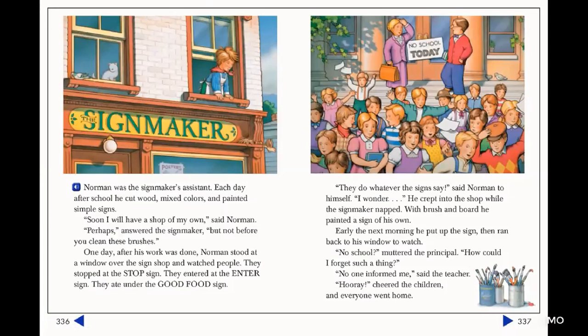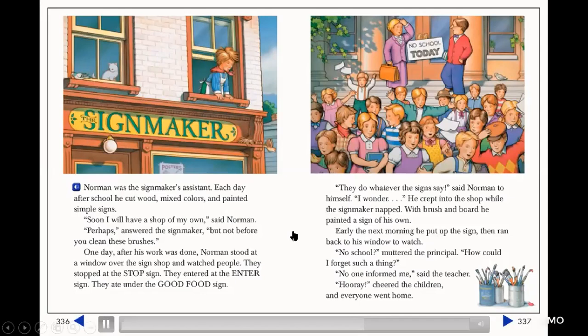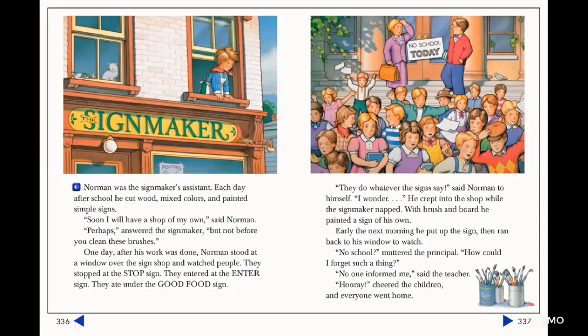One day, after his work was done, Norman stood at a window over the sign shop and watched people. They stopped at the stop sign. They entered at the enter sign. They ate under the good food sign. "They do whatever the signs say," said Norman to himself.